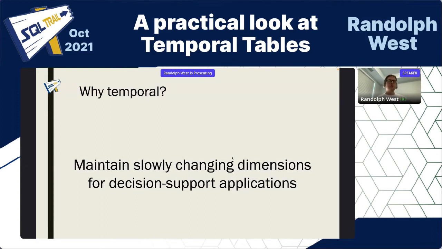One of the cool features that people don't seem to speak a lot about that this would be useful for is slowly changing dimensions. So in your data warehouse or your decision support application, whatever it might be, if you have a dimension, as opposed to a fact table, you've got your dimensions that may change slowly over time. At some point, your dimension changes, then anything that was associated with that dimension before the change might break.